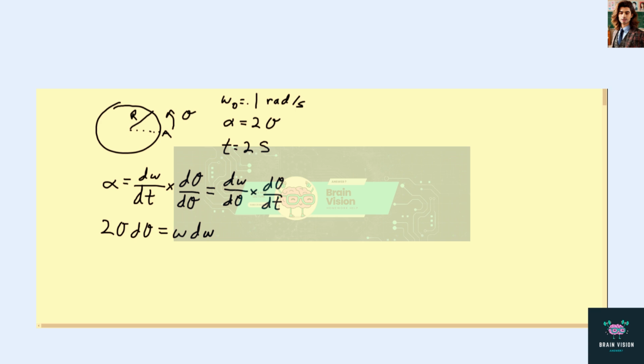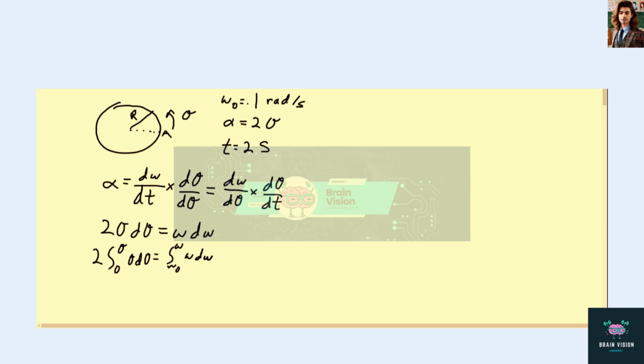So at this point, we can take the integral of both sides. On the left side for theta, we have 2 times the integral from 0 to position theta of theta d theta equals the integral from omega naught, the initial omega, to the final omega of omega d omega.